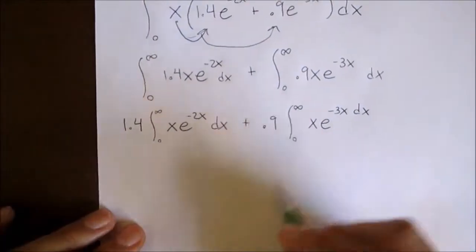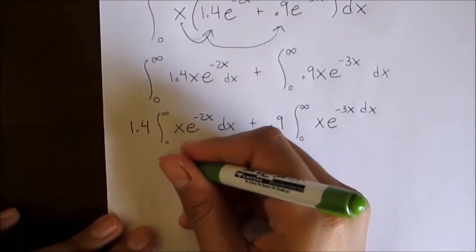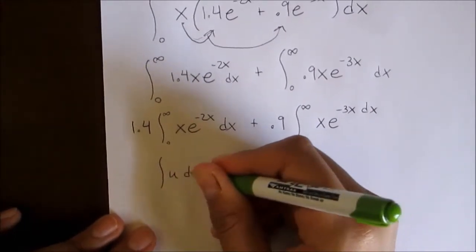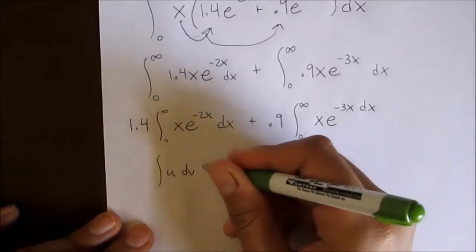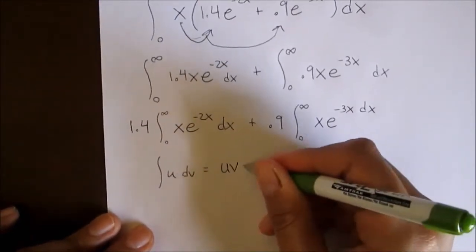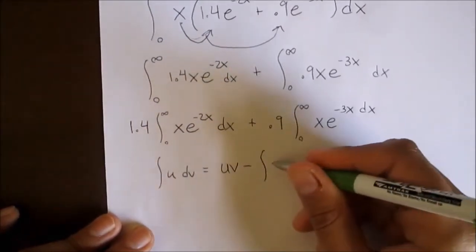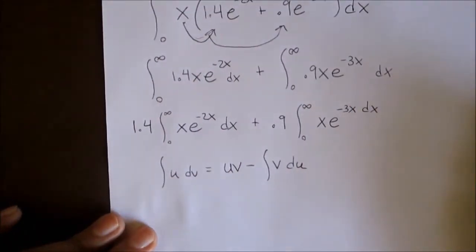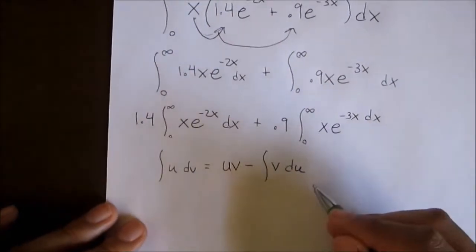So the integration by parts formula is the integral of u dv is equal to uv minus the integral of v du. So this is integration by parts.